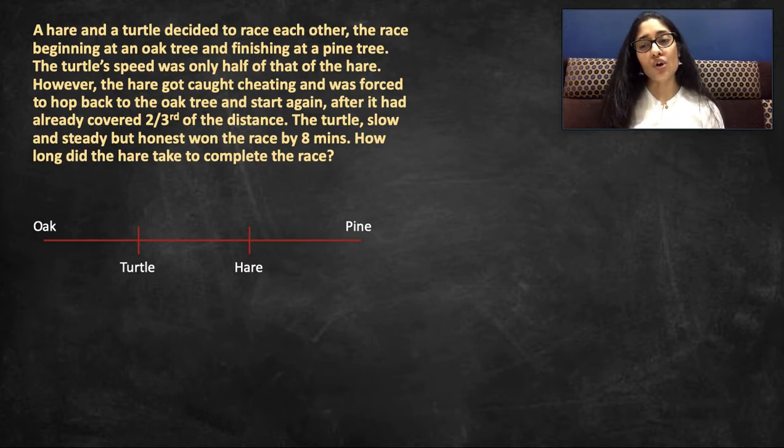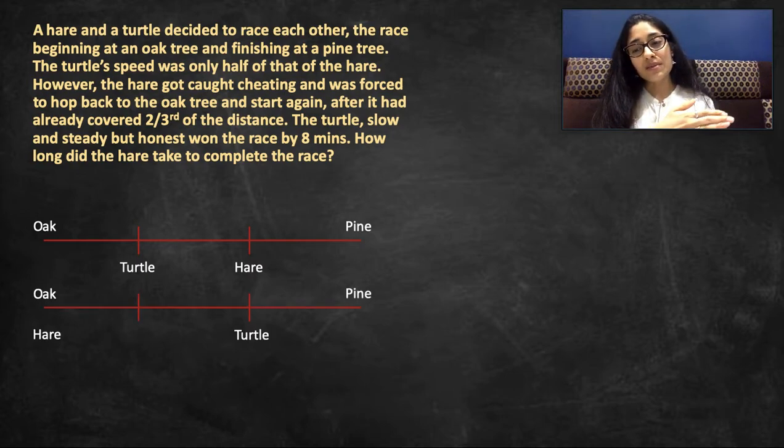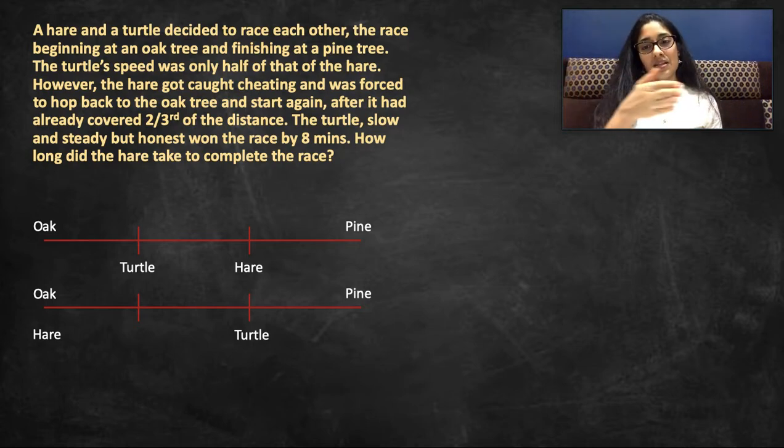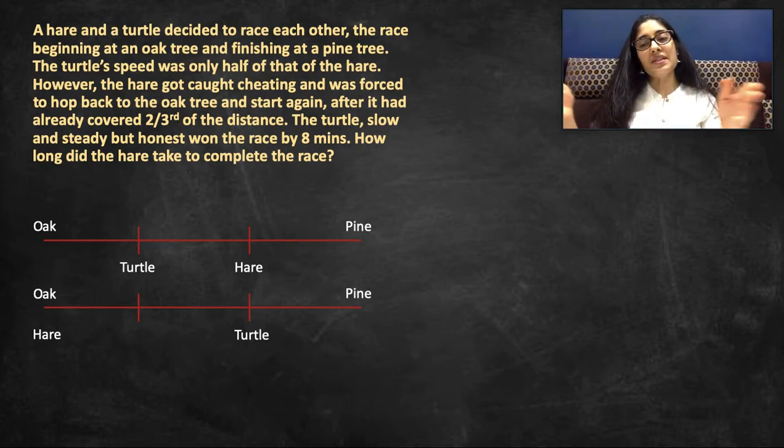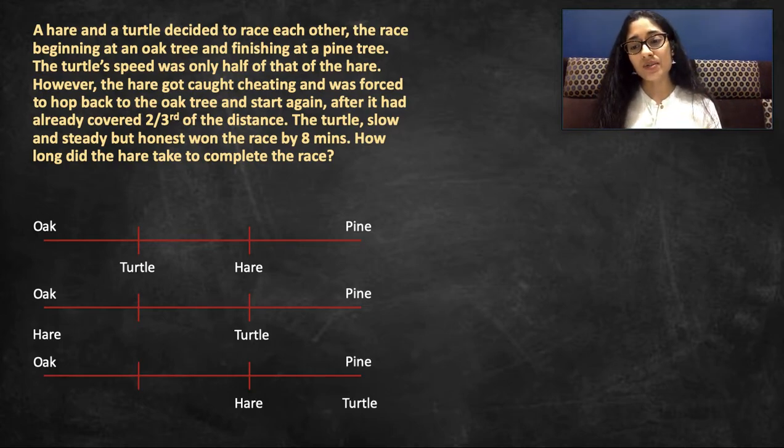Now the hare is caught cheating, so the hare goes back to the oak tree, and in the same time that the hare took to cover these two-thirds again, the turtle must have moved ahead by one-third. So this will be the final position of the hare and turtle at this point. Now the hare again starts from the starting point and the turtle starts over here.